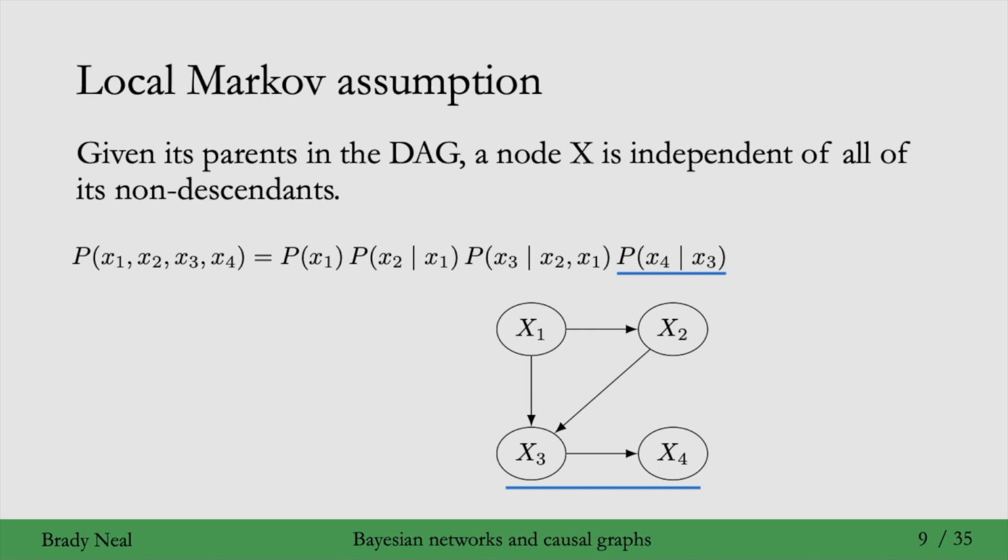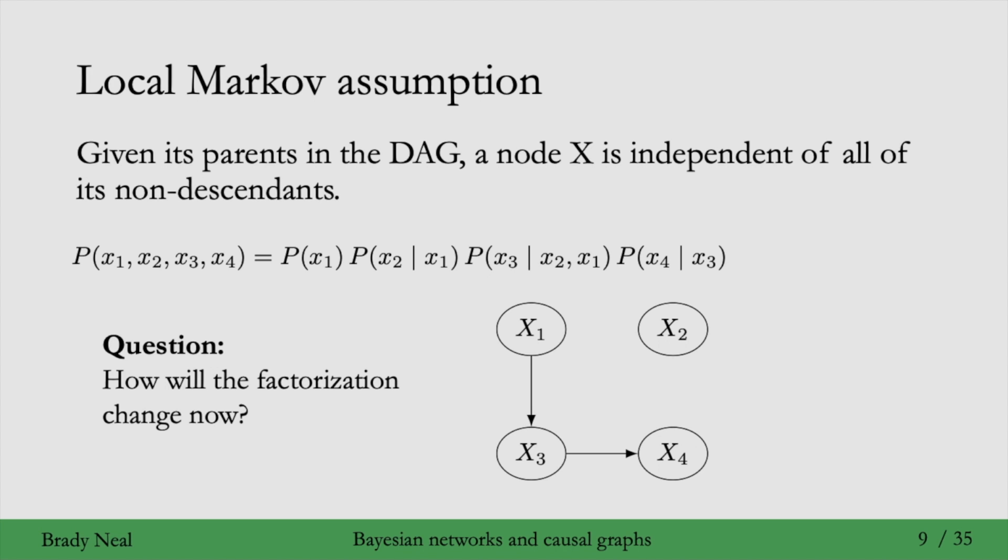Say we were to further remove edges from this graph, so if we were to remove the edge from x1 to x2 and the edge from x2 to x3, then my question for you is, how will the factorization further change now that I've removed these edges? I'll give you just a couple seconds to answer, so feel free to pause the video if you'd like.